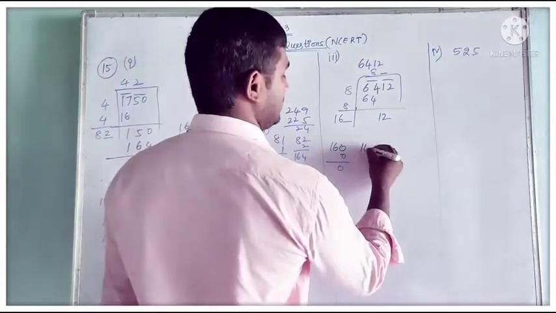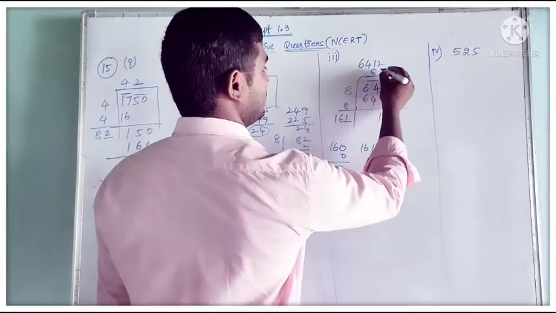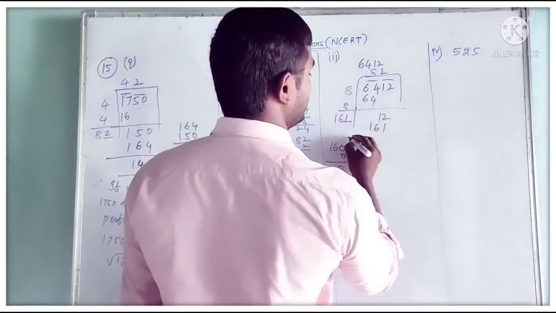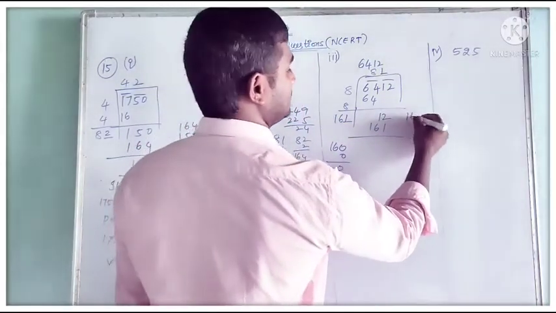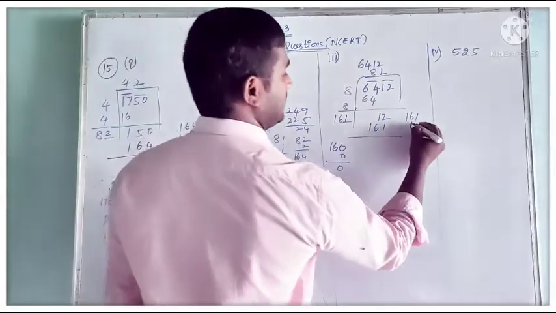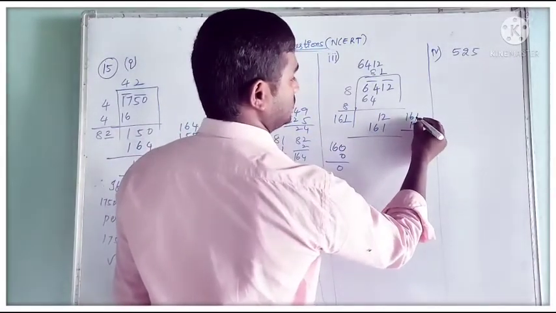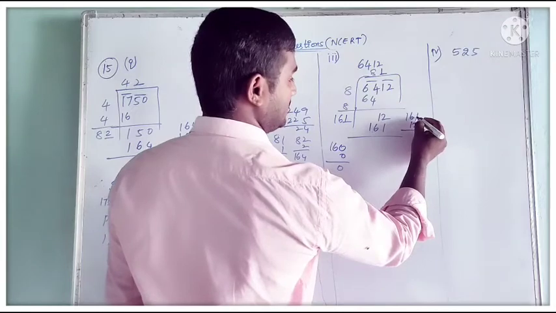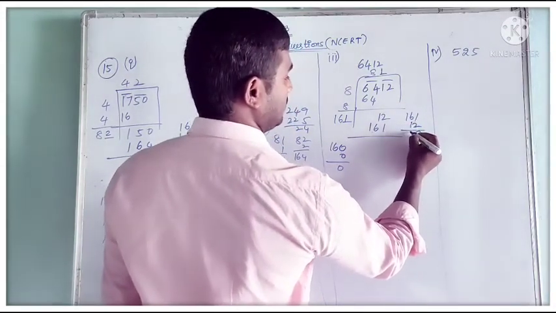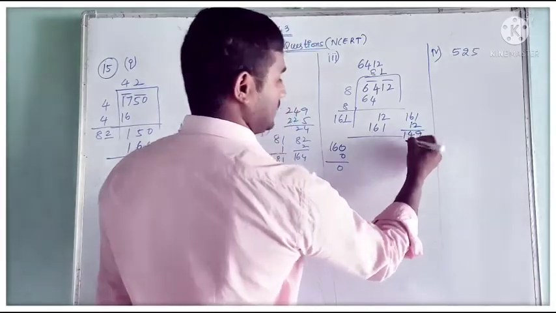Next, 161 into 1 is 161. So we subtract 161 minus 12, that is 149.